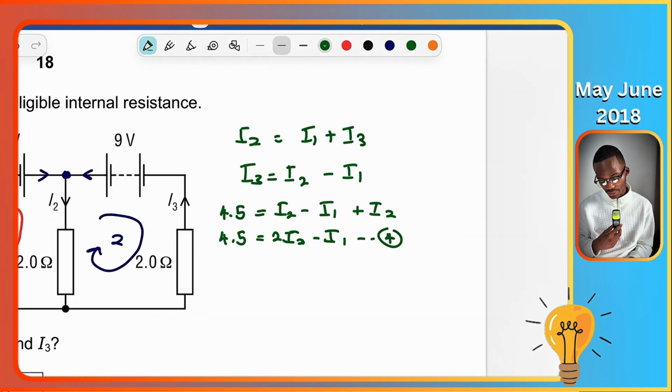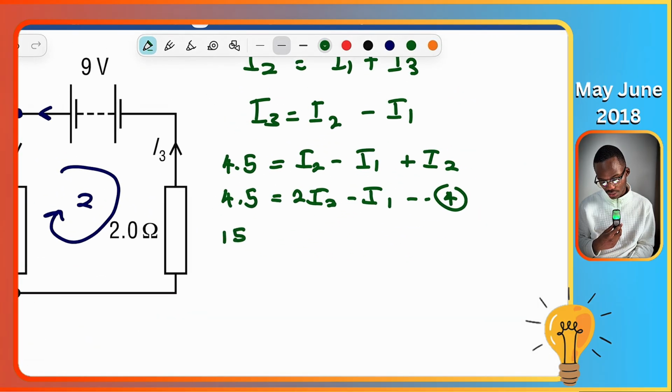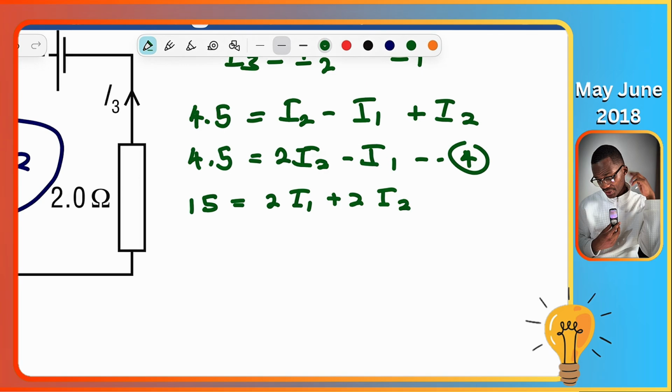And if you look at the first equation that we had, 15 is equal to 2I1 plus 2I2. Now, this is very straightforward, guys.